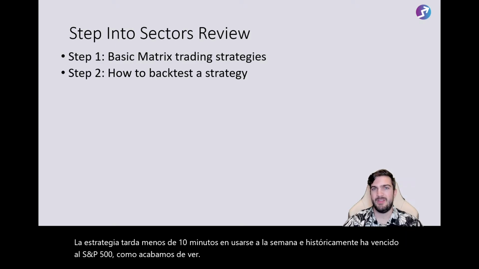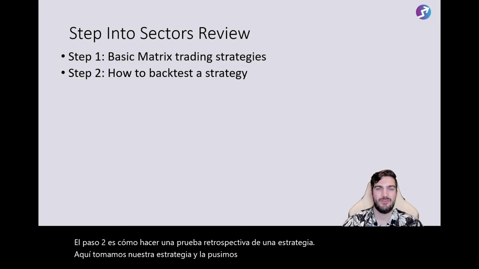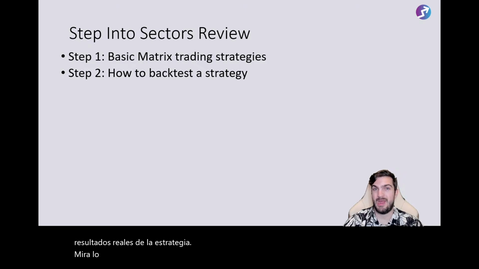Step 2 is how to backtest a strategy. Here, we took our strategy and put it into the backtesting engine to be able to see the real results of the strategy. See what it traded, when it traded it, and how well the strategy did on its own and compared to the S&P 500.